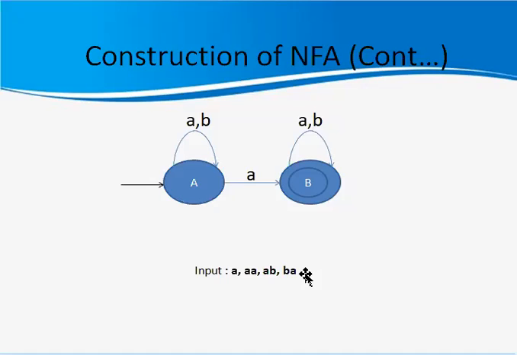So we will check for this. From initial state A on input small b, our next state will be A itself, and A is not a final state. So it will never end in a final state B. So the string b will not be accepted.